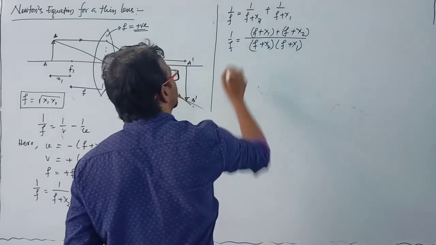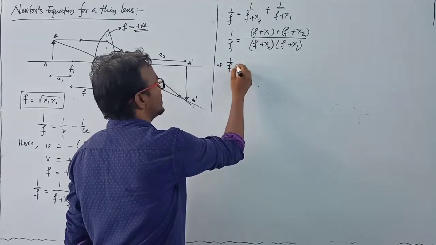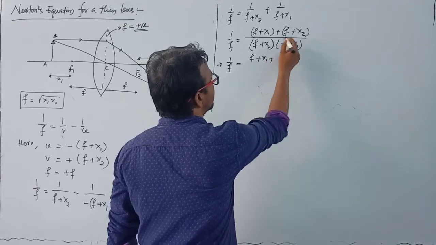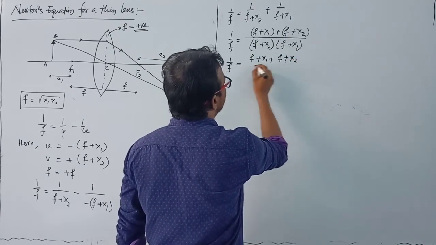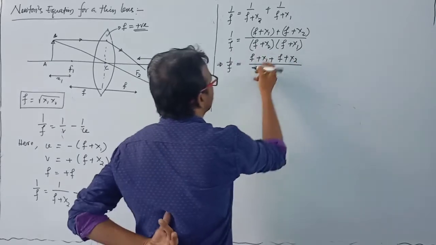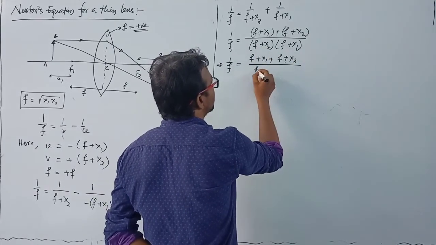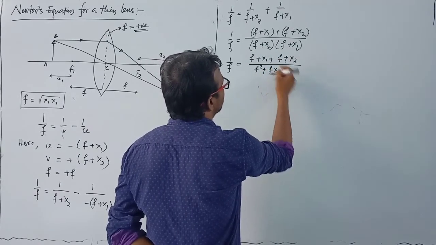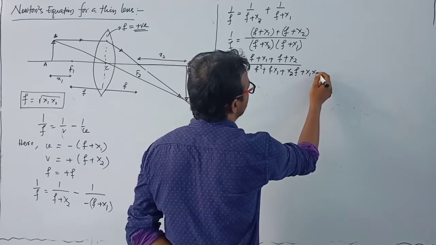You can write 1 by f equals f plus x1 plus f plus x2 divided by f square plus fx1 plus x2f plus x1 x2.